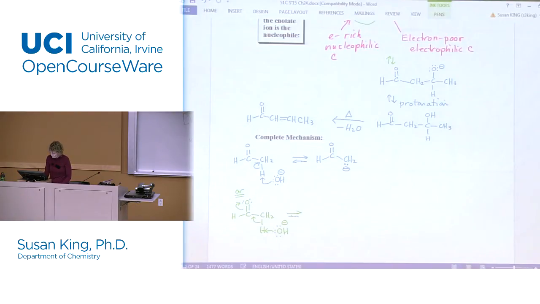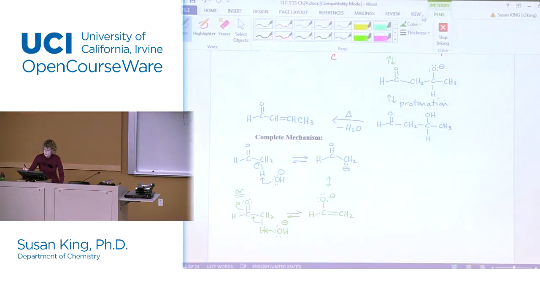All we're drawing here is just the resonance structure for the one above, and that's what makes it perfectly fine to do this either way. Again, these are resonance structures, so it's perfectly fine to draw it that way.